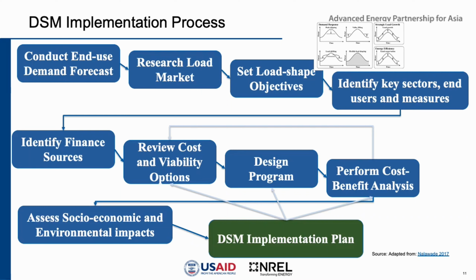For example, after you perform the cost-benefit analysis, you might need to return to review the cost and viability options. Or once you have your DSM implementation plan, you may need to return to different steps in the process to see what the feedback effects are.